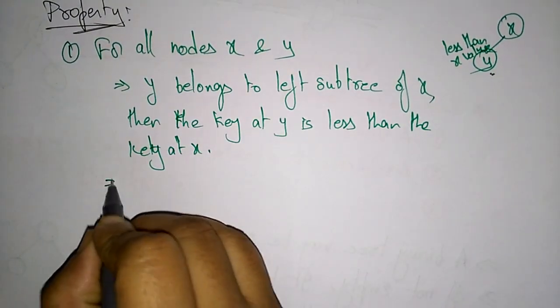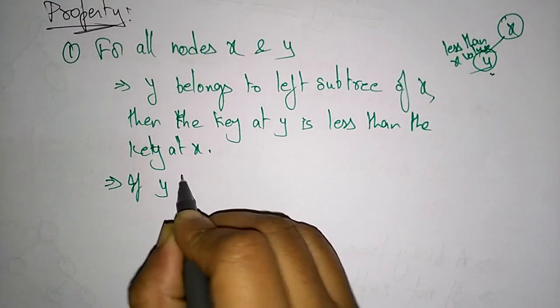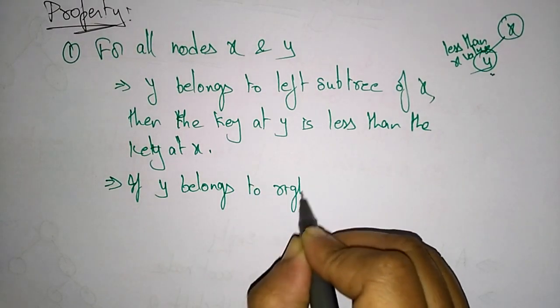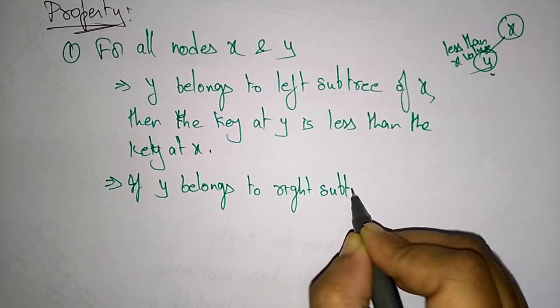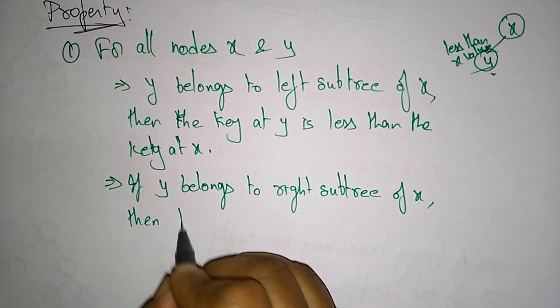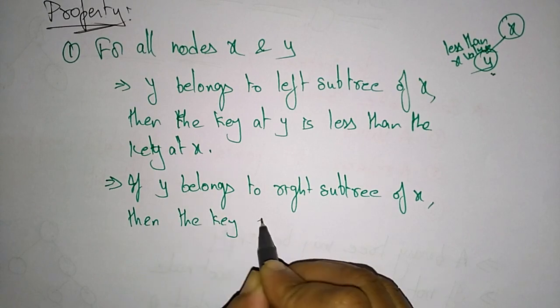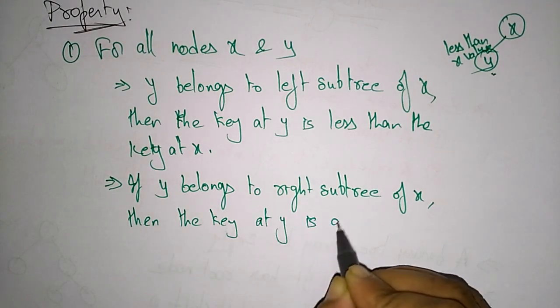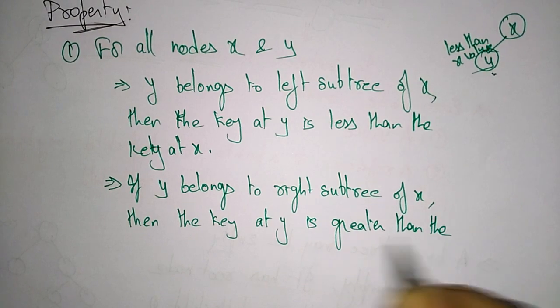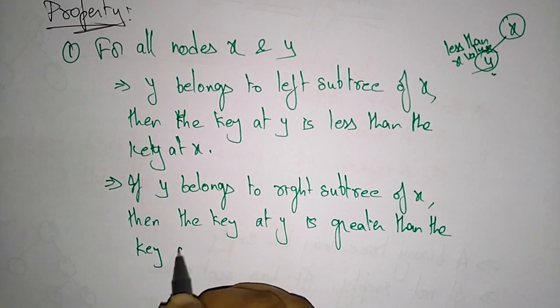And the next point: suppose y belongs to the right subtree of x, then the key at y is not less, it is greater than the key at x.